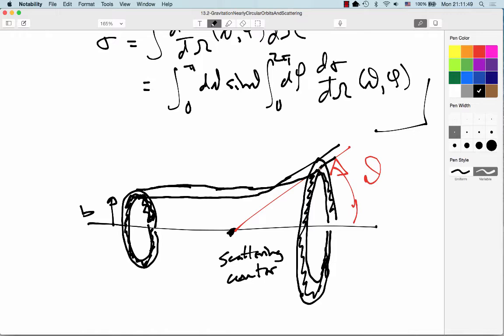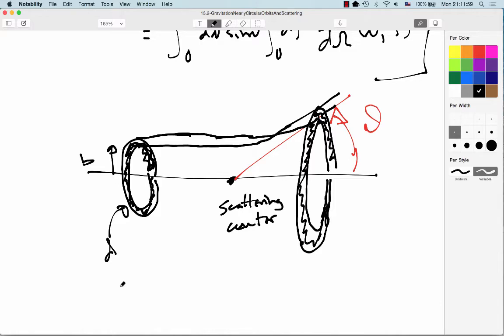All right, so this bit right here, if I look over here, I came in with some differential of area, d sigma. That'll be equal to 2 pi times the impact parameter b db.